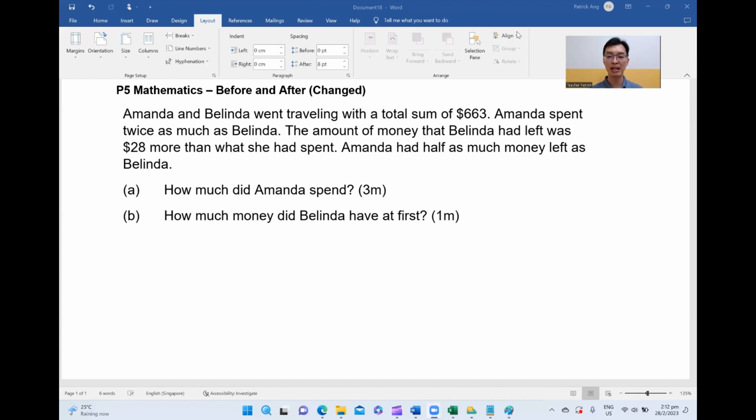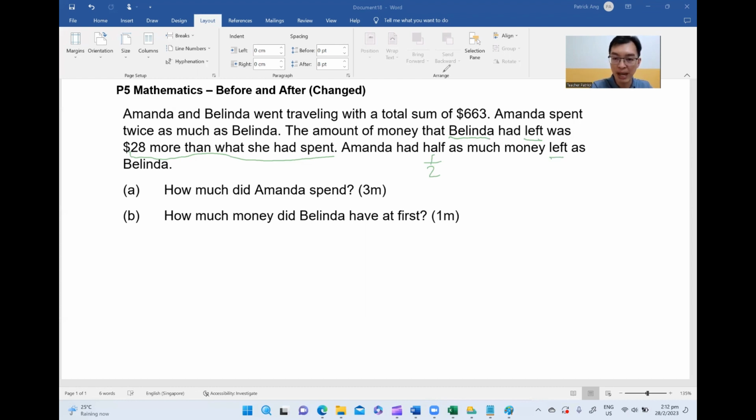Now, how do we get this started? Let's draw what we can draw first. Let's start off with what we are left with. They mentioned the amount of money that Belinda had left was $28 more than what she had spent. Then they tell you Amanda had half as much money left as Belinda.